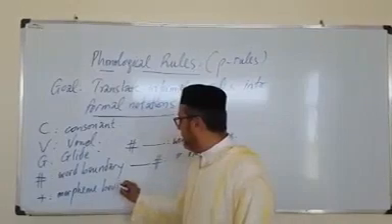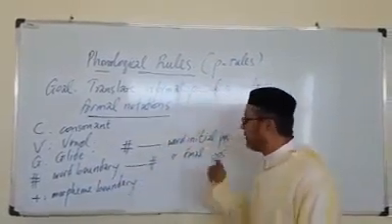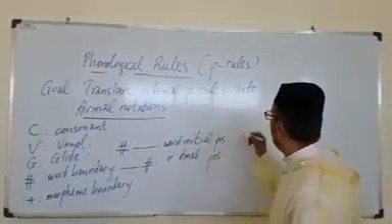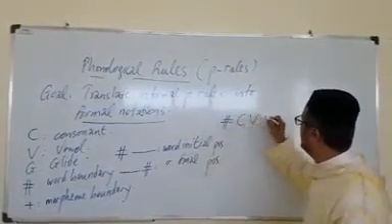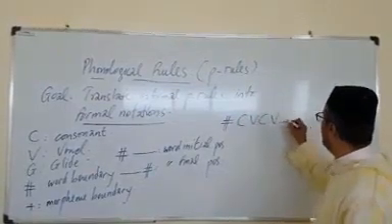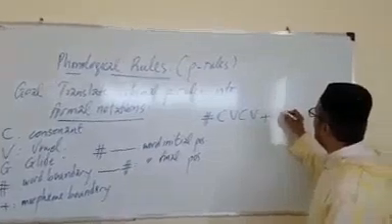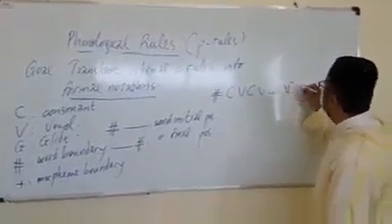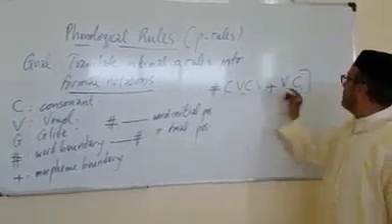So if we take, for example, a word like C, V, C, and then we have, for example, V, C, that's the word.